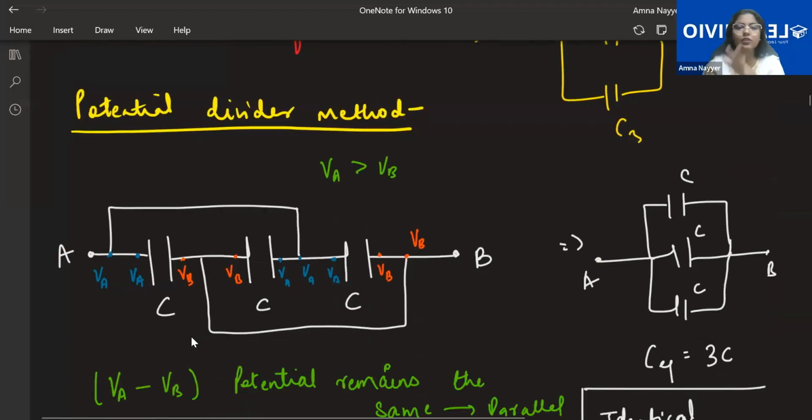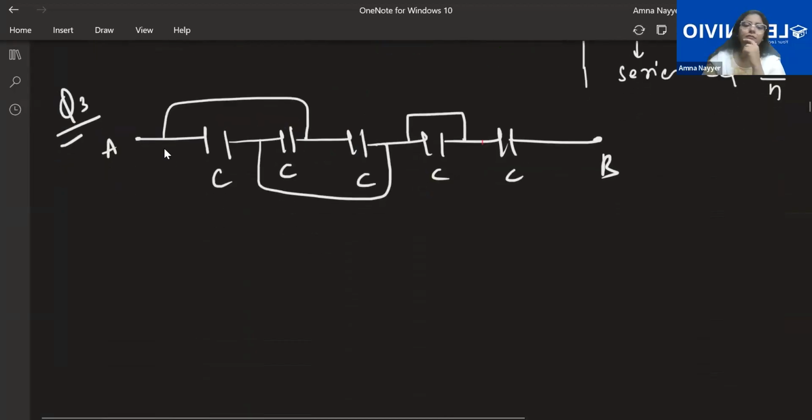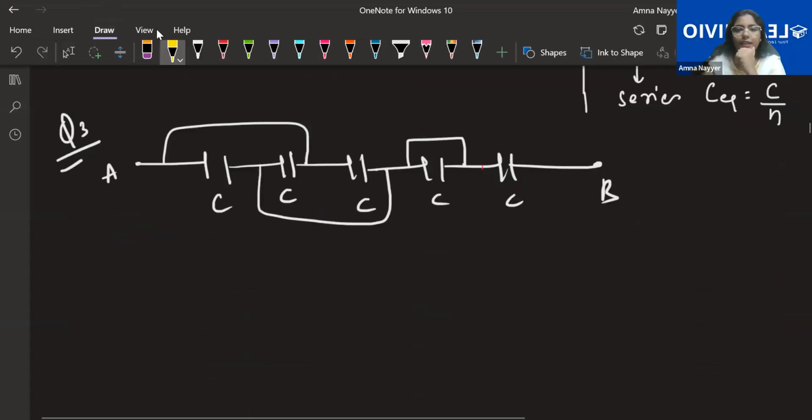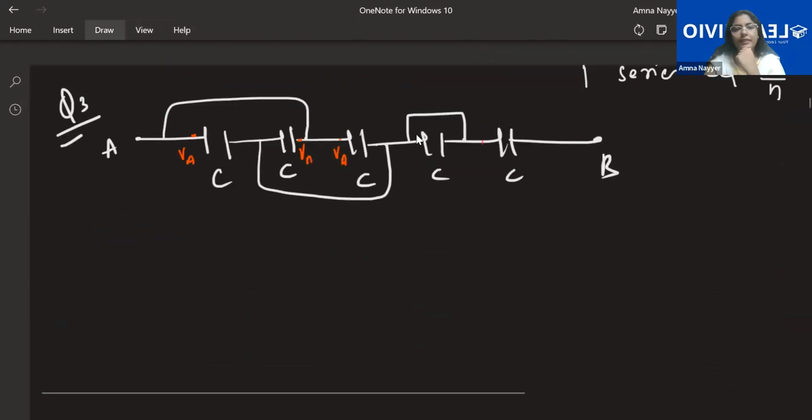Now, one question based on potential divider method and short circuit. Look at this one. If you see this part of the circuit, if I write down the individual potentials, here potential will be VA across this wire. Here potential will be VA, here potential will be VA. Now let me take the second one.